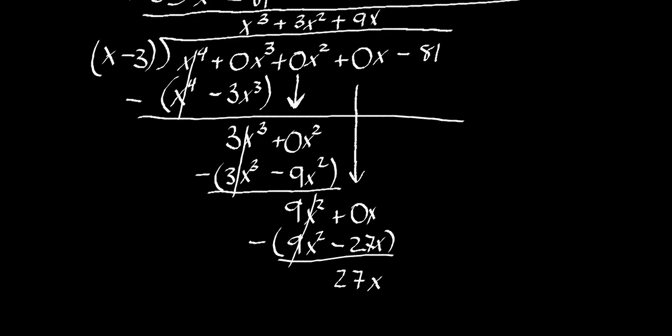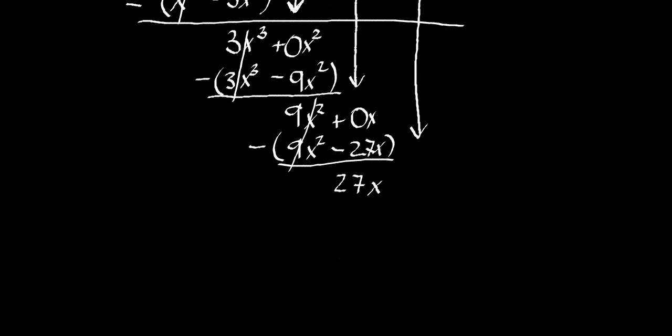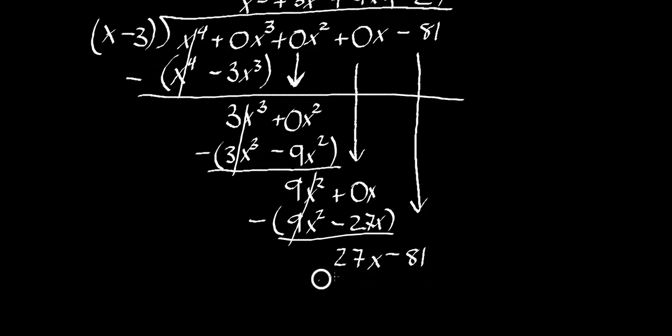And our very last round is this negative 81. We bring it down. And we say, how many times does x go into 27x? Well, x times 27 is 27x. So, plus 27. 27 times x is 27x.